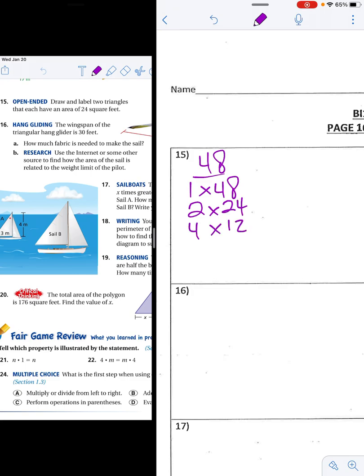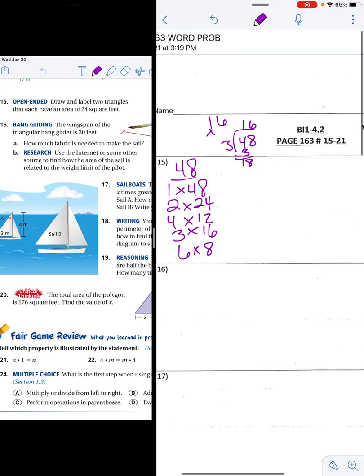I think 3 also goes in there. What's 48 divided by 3? I was right, 16 and 3 is 48. 4 and 12, 5 doesn't go in, 6 does, 6 times 8.